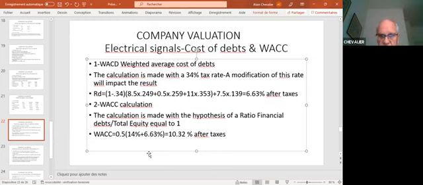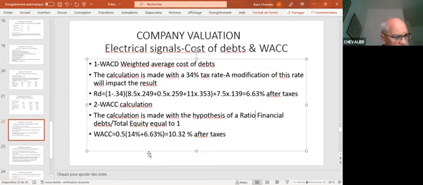And on the other side we have the cost just calculated for the debts, including short-term and leasing, 6.63%, which means 0.5 multiplied by 14% plus 0.5 multiplied by 6.63% is equal to 10.32% after taxes.